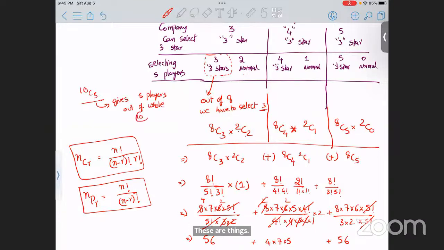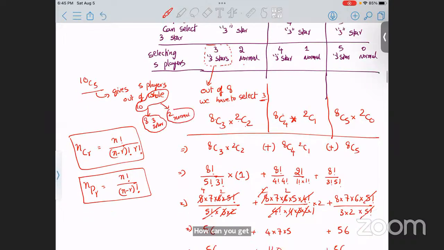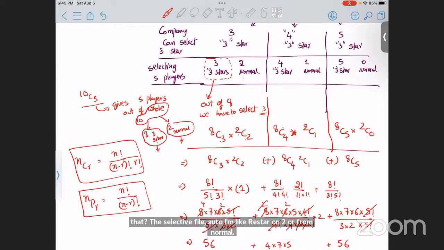In these whole 10, there are 8 3-star players and 2 normal players. How can you guarantee that out of the selected 5, 3 are from 3-star and 2 are from normal? You can't guarantee that. So you have to do it individually. Okay.